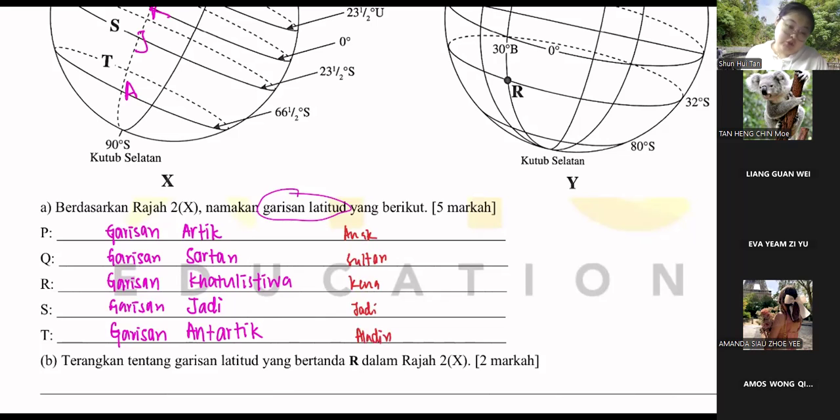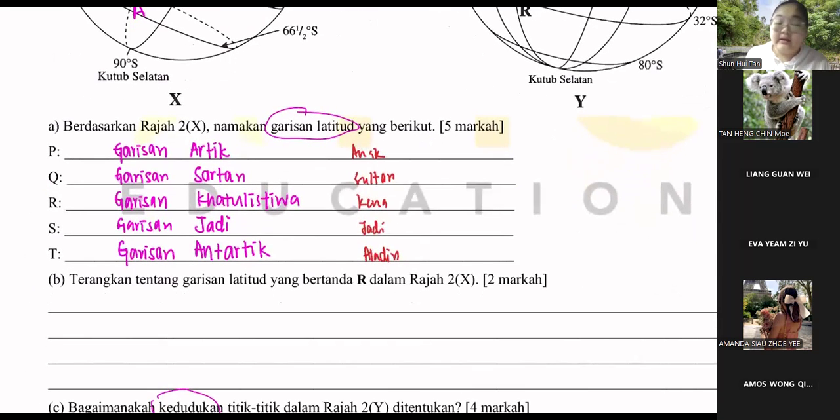Or you may also, all right, your friend contributed. I just borrow and tell you. But here, they might ask you terangkan. Just now it was namakan, nyatakan, senaraikan.